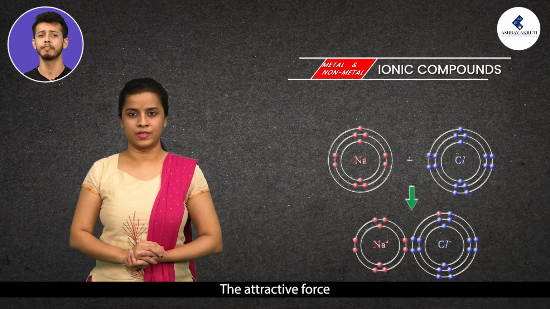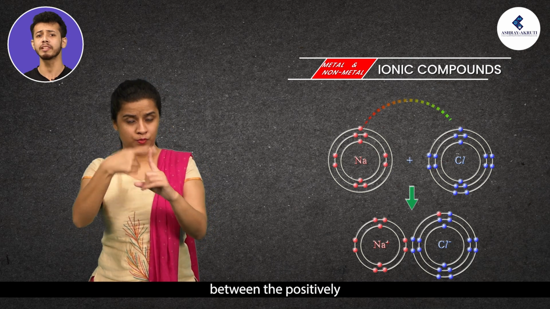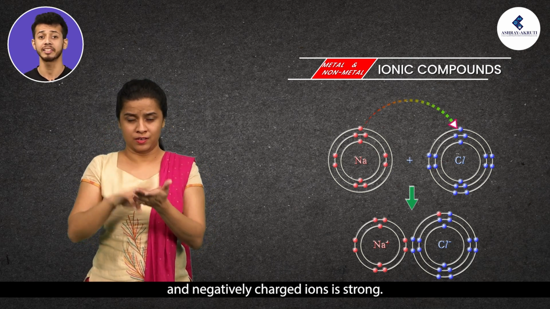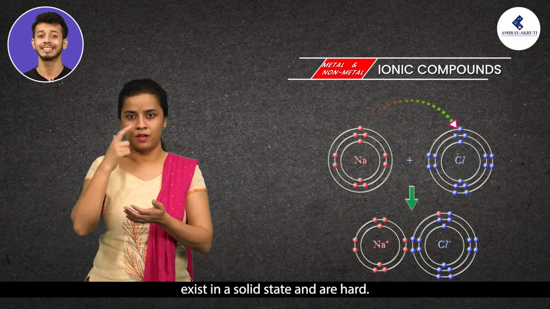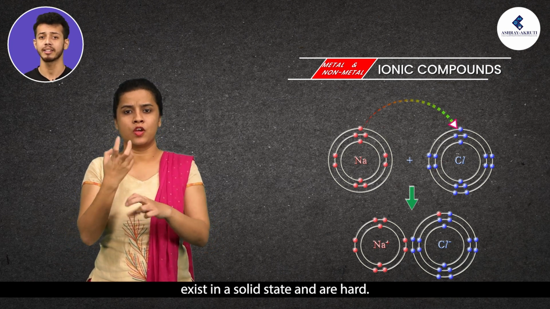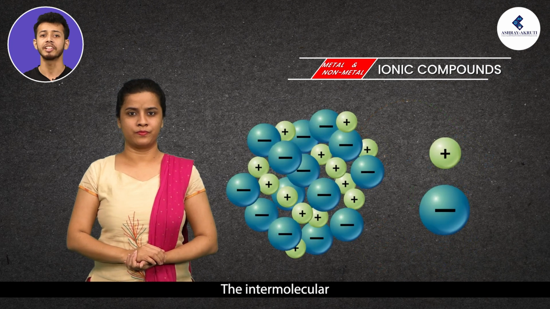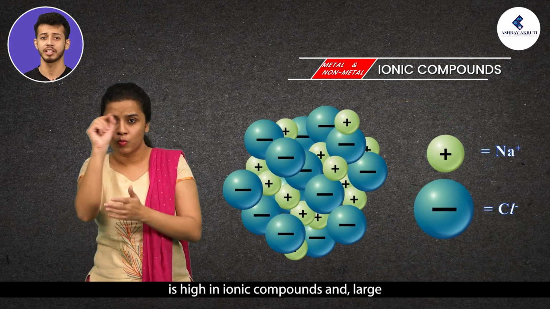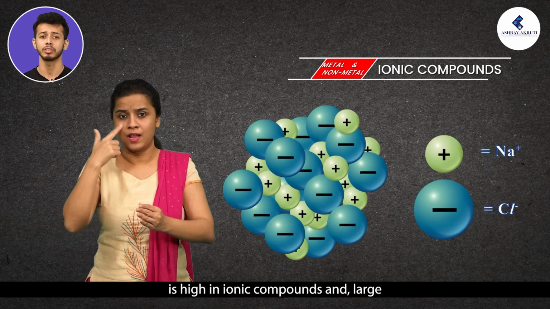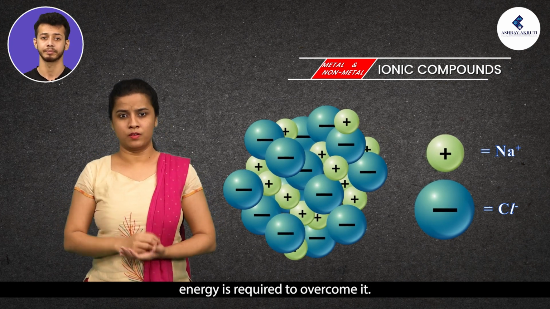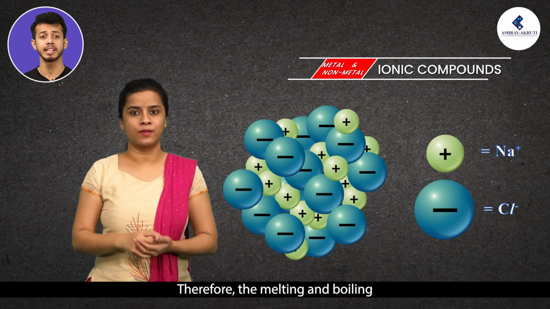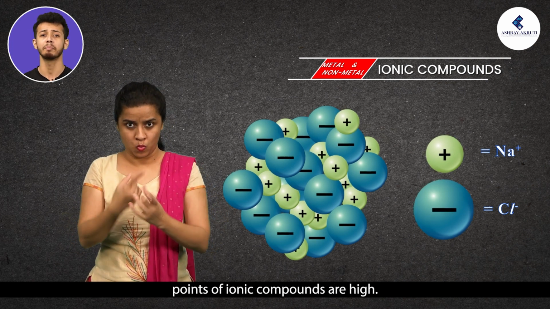The attractive force between the positively and negatively charged ions is strong. Therefore, the ionic compounds exist in a solid state and are hard. The intermolecular force of attraction is high in ionic compounds and large energy is required to overcome it. Therefore, the melting and boiling points of ionic compounds are high.